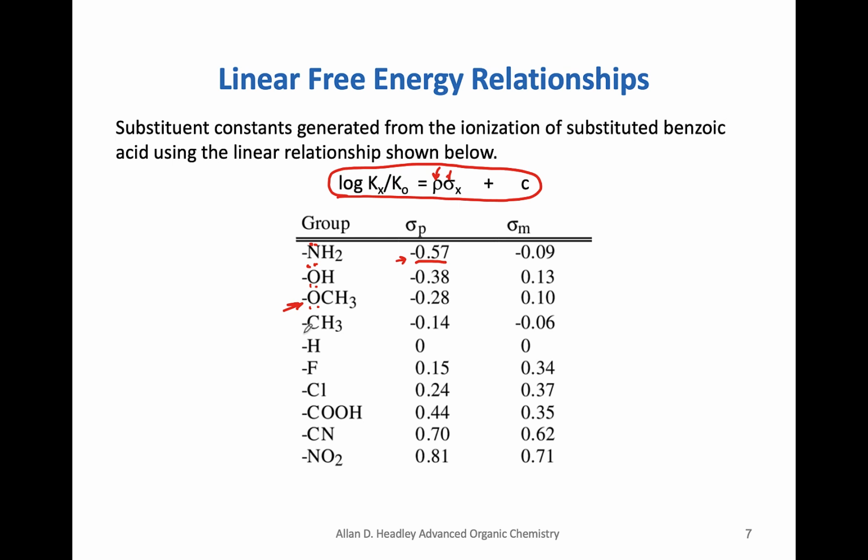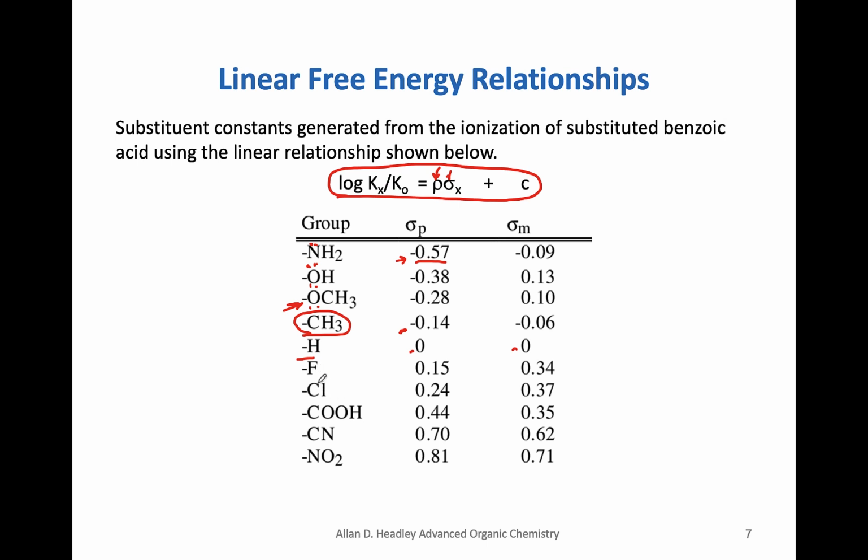And of course here we have CH3, negative 0.15, even though the CH3 here does not have a pair of electrons on the carbon, but you will recall that it is electron donating because alkyl groups can in fact stabilize a carbocation. So alkyl groups are considered to be electron donating, and that's why it's negative. Hydrogen, of course, is the standard, so it's assigned 0.